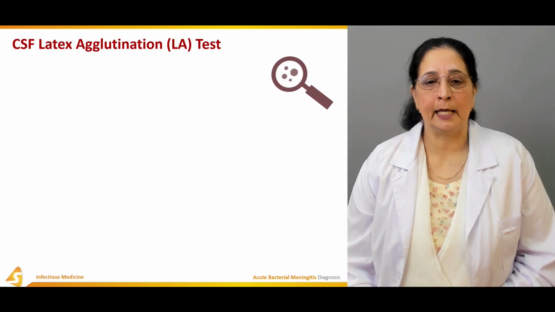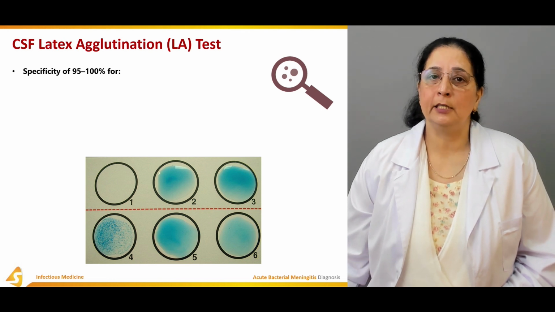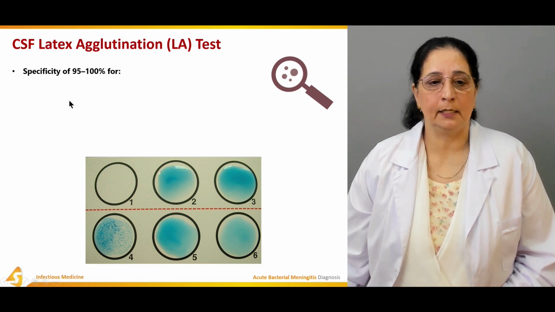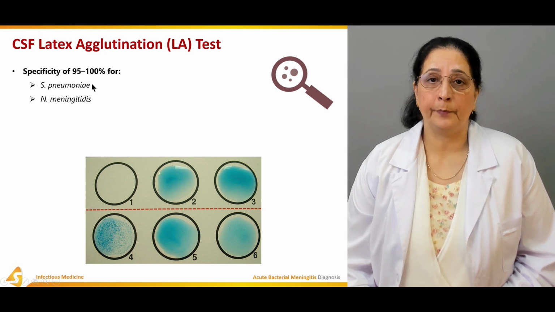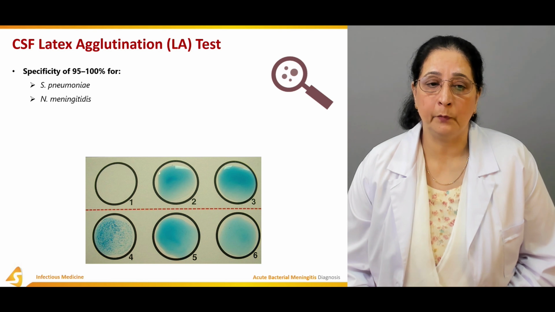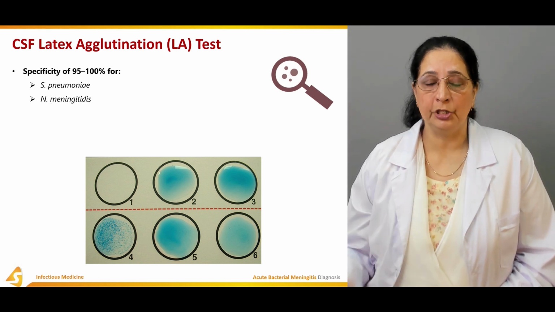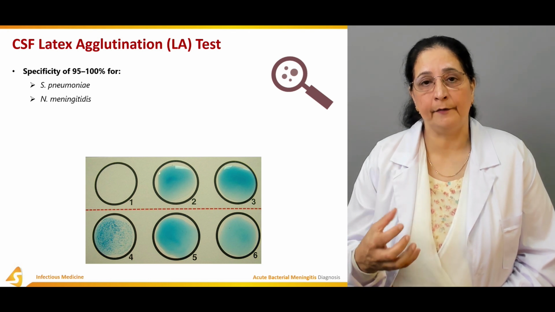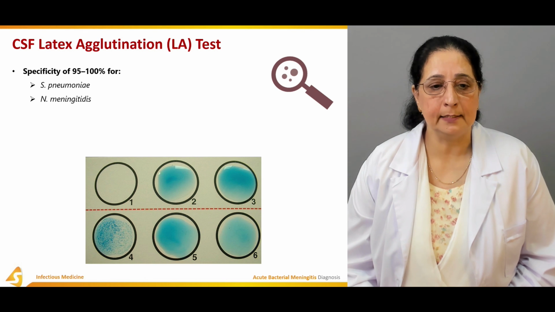The specificity of the CSF latex agglutination test is 95 to 100% for Streptococcus pneumoniae. So very, very effective, in which the CSF is tested especially for Streptococci and Neisseria.